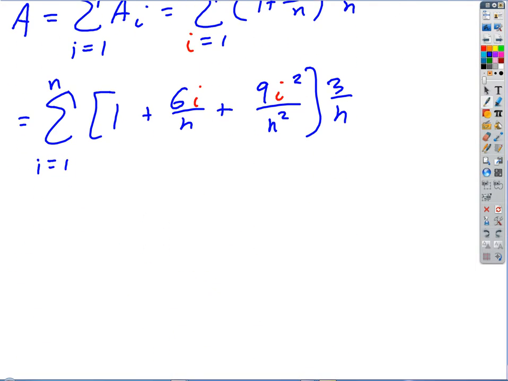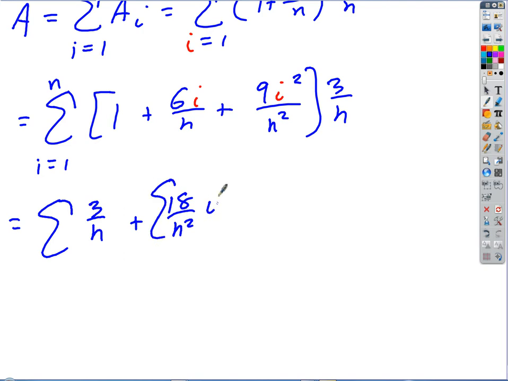So we can end up writing this as the sum of, and if I distribute this 3 over n all the way through, I'm just going to get the sum of 3 over n times 1 plus 18 over n squared times i, plus 27 over n cubed times i squared.